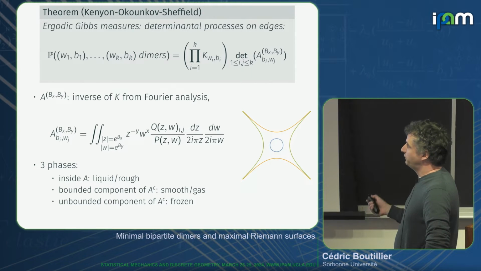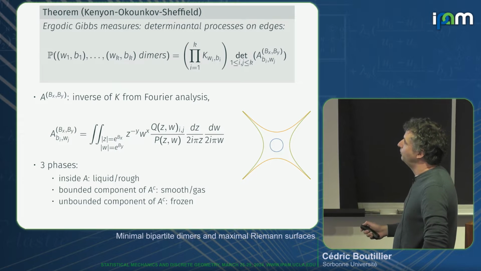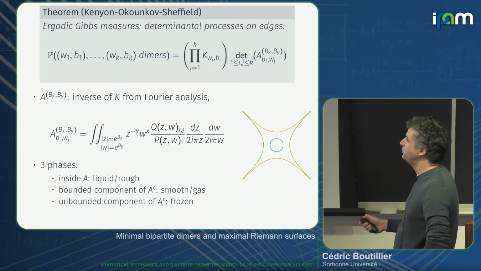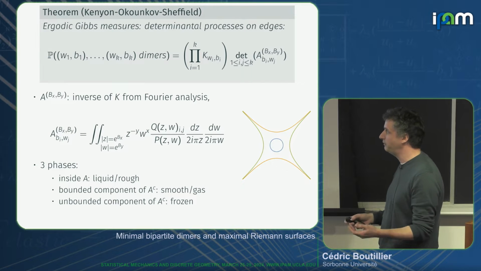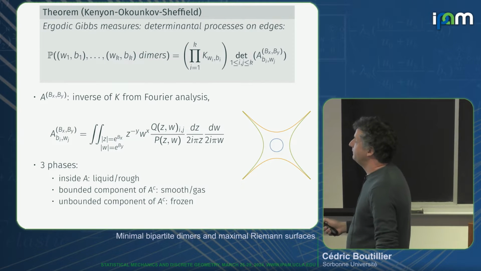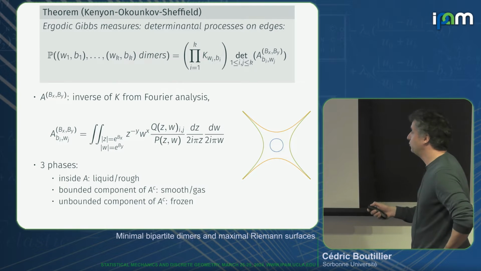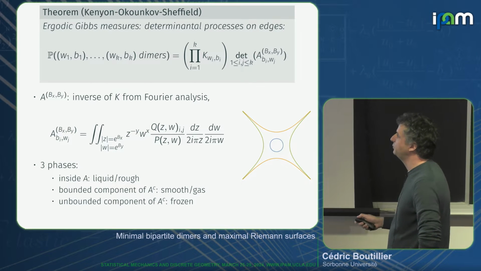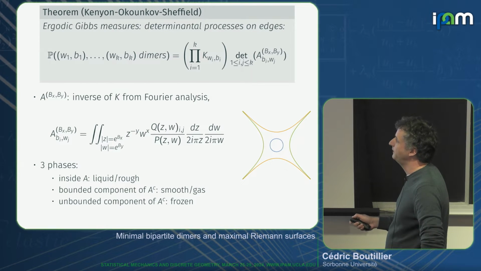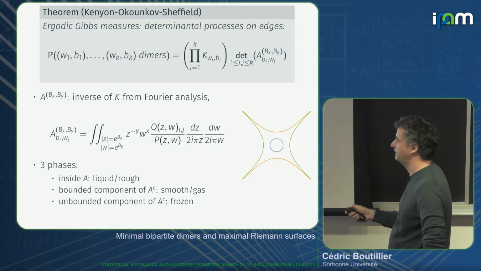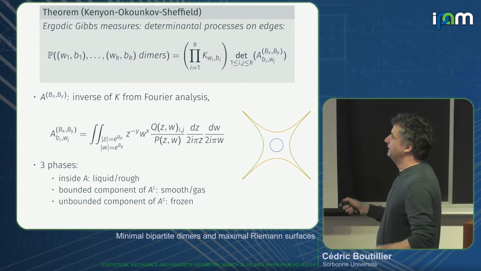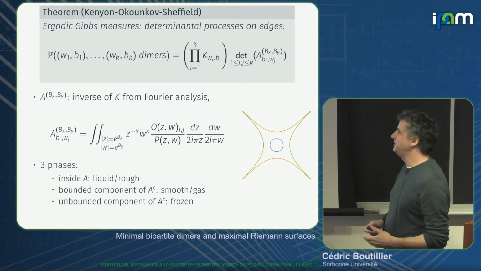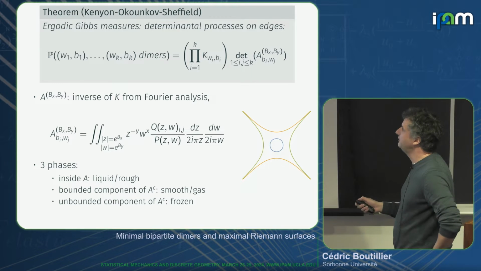Once you fix the weights, all the ergodic Gibbs measures are in fact determinantal processes on the edges of your graph. It means that if you look at k different edges connecting a white vertex Wi to a black vertex Bi, for every i between 1 and k, the probability that these edges are dimers is given by this formula.